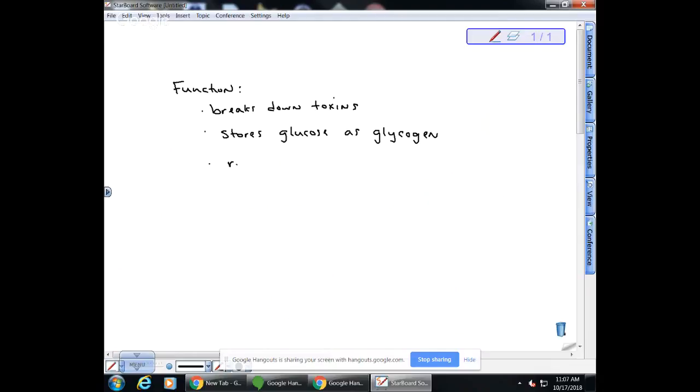It also removes amino acids as it removes glucose, and it produces blood clotting proteins. So those proteins in your blood are produced by the liver.